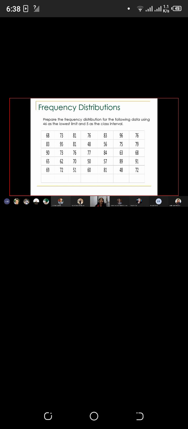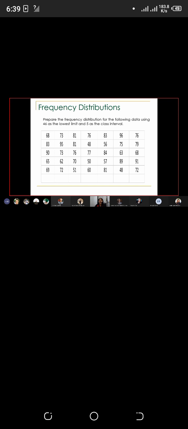Okay? So, kung yung number natin dun sa first class will start at 46, so ano ngayon yung magiging higher limit natin? Sige nga, tignan natin kung nare-recall nyo. So, nag-start tayo ng 46, class interval natin is 5. So, ano yung higher limit natin dun sa first class? First class muna tayo.